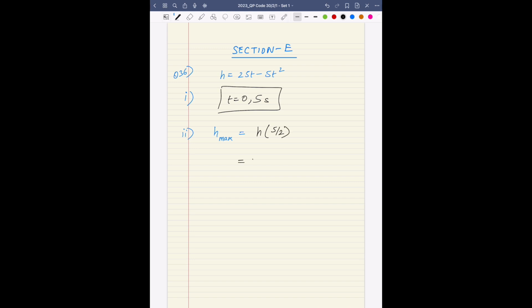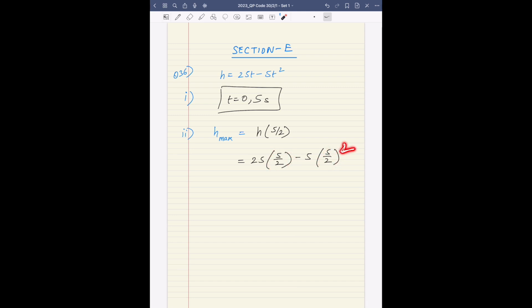In short, 25 into 5 by 2 minus 5 into 5 by 2 whole square. I know many people must be wondering why am I telling this calculation, but please don't forget BIDMAS, right? BIDMAS means bracket first, then indices. So inside the bracket, it's just a number, no calculation.